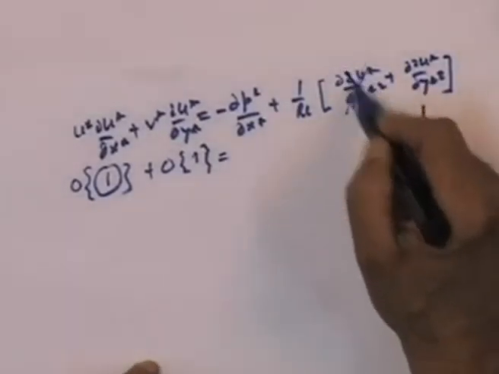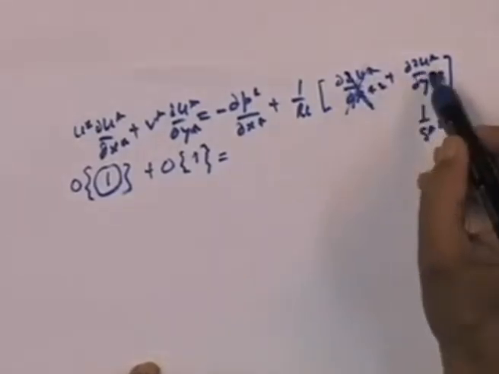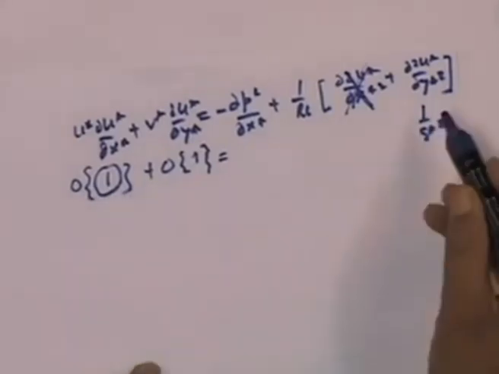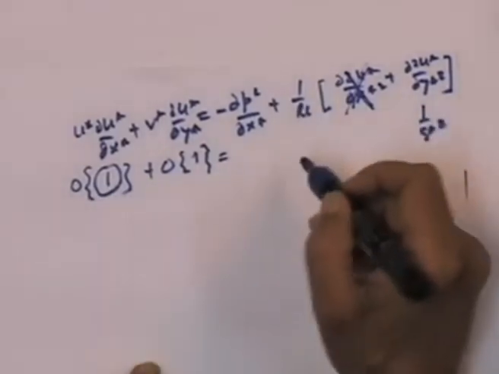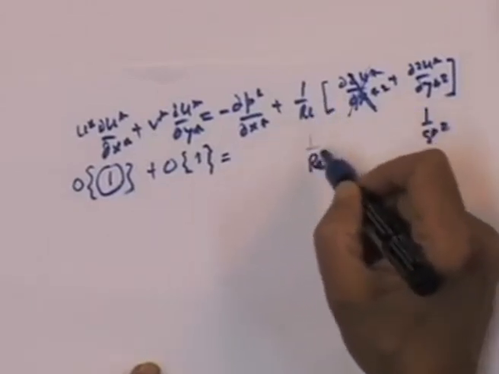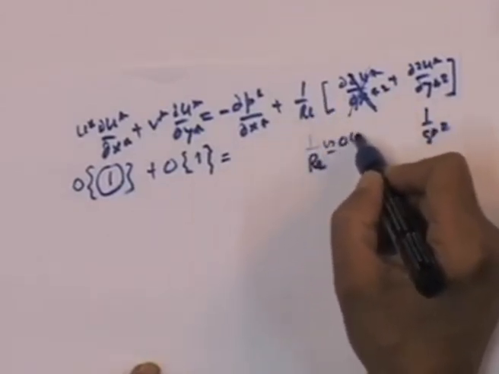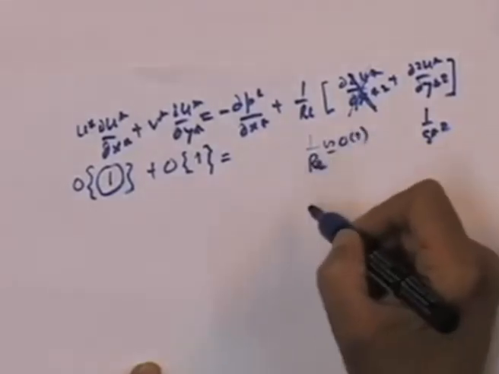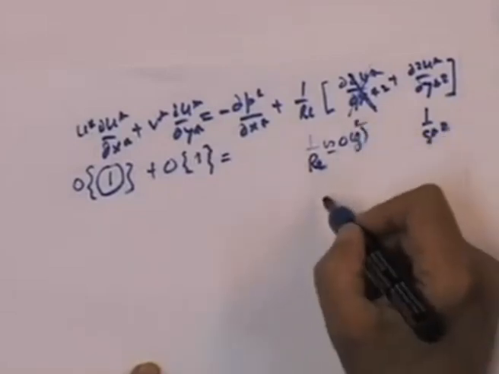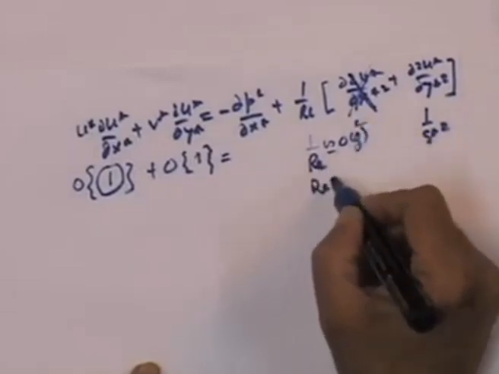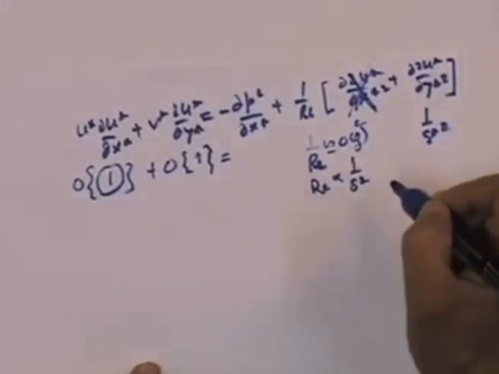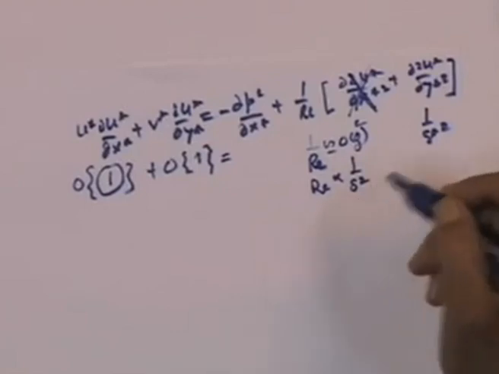We have already decided to drop this term. So, if this term is included, and all terms are of order 1, then 1 over Reynolds number must be of order delta square. So, that Reynolds number is proportional to 1 over delta square, which is a large quantity.